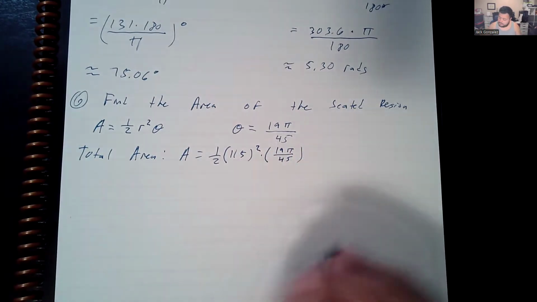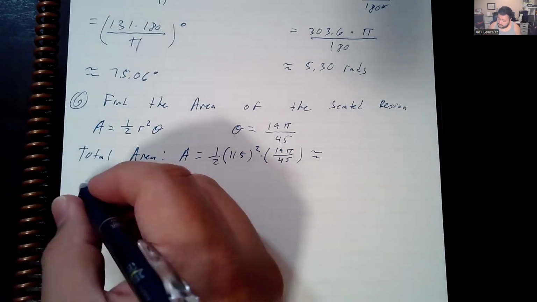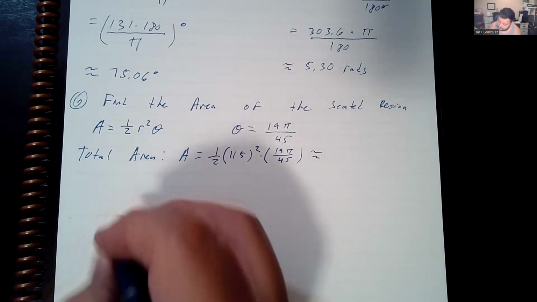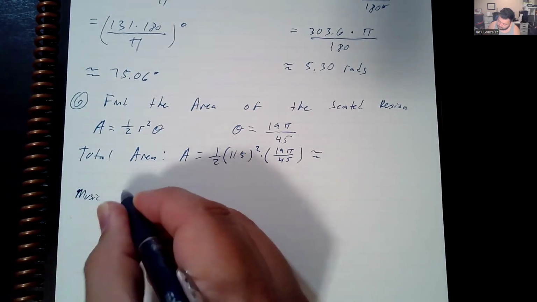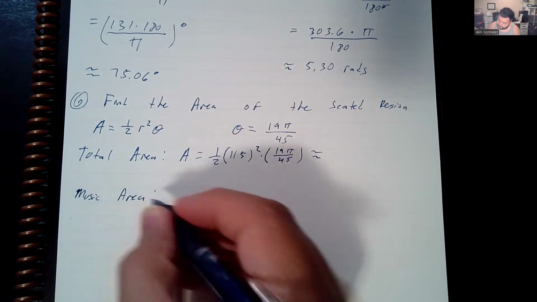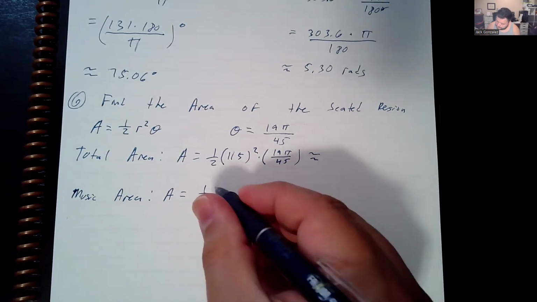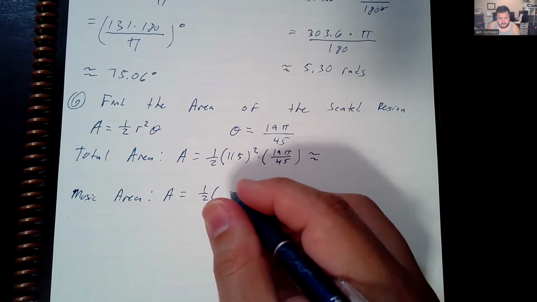To find out what that number is, then find the smaller section where the people are playing the music area. A will be equal to 1/2 times 22 would be the radius there.